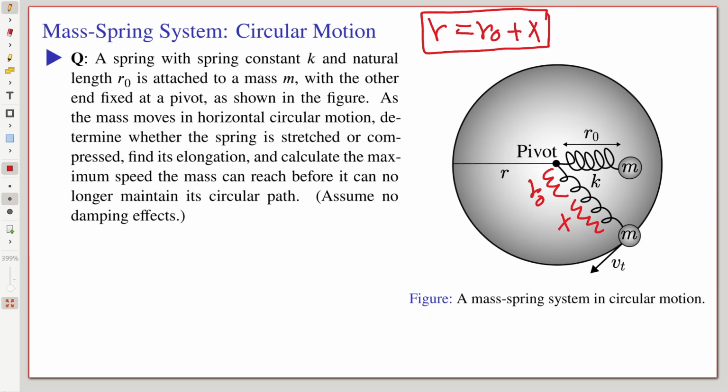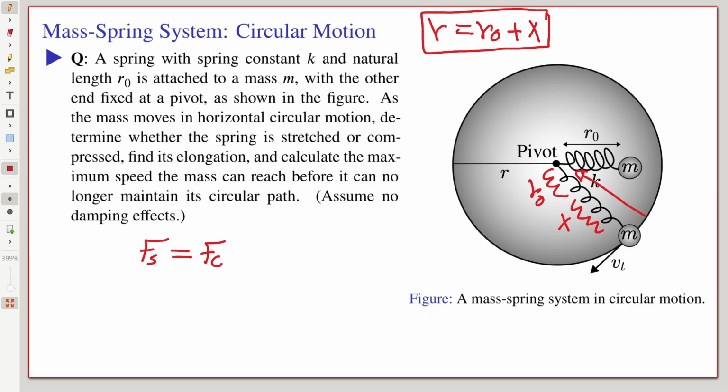Now, how can we find the elongation? By convention, we take the positive sign of any force that acts toward the center. So in that case, Fs, the spring force, is equal to the centripetal force.